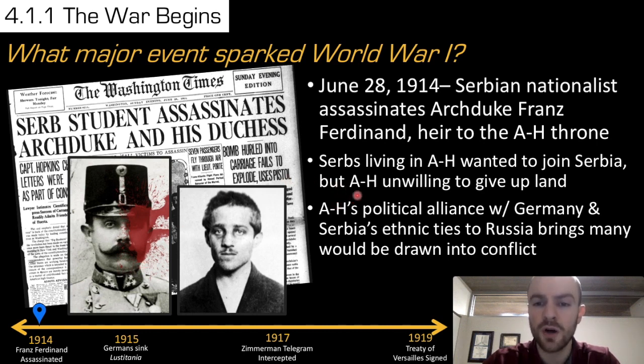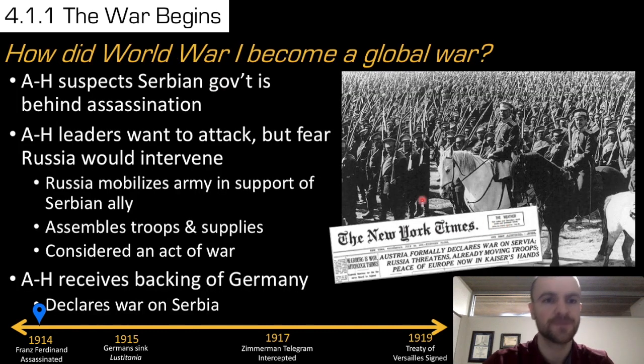Now, Austria-Hungary had a political alliance with Germany. Serbia had ethnic or cultural ties to Russia, which then brings Germany and Russia into the conflict. So how does World War I become a global war? Well, Austria-Hungary suspects that the Serbian government is behind the assassination.